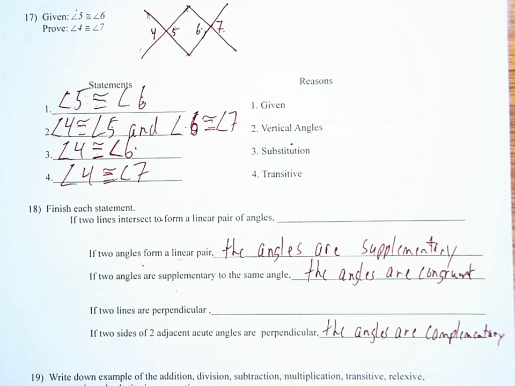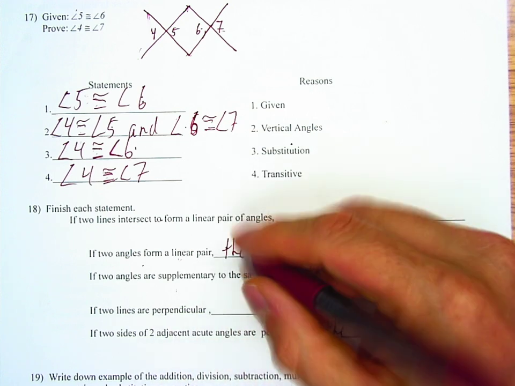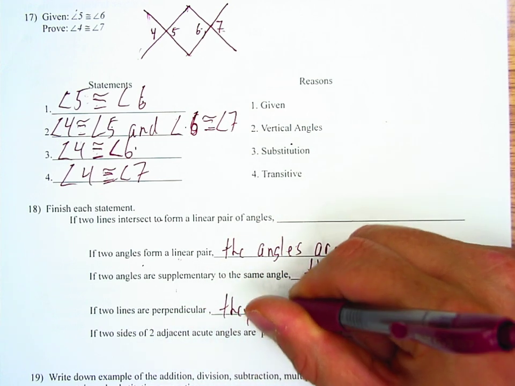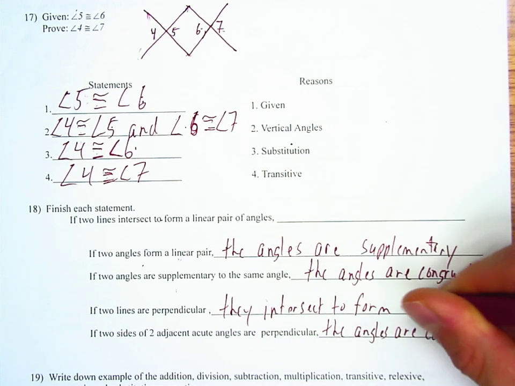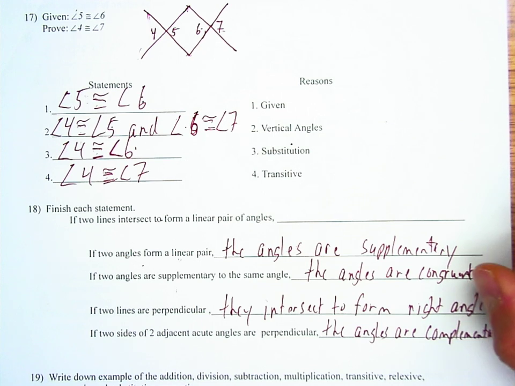If two lines intersect to form a linear pair of angles, then... or if two lines are perpendicular, then they intersect to form four right angles. And I'm lacking one here that says the lines are perpendicular. Then the lines are perpendicular.